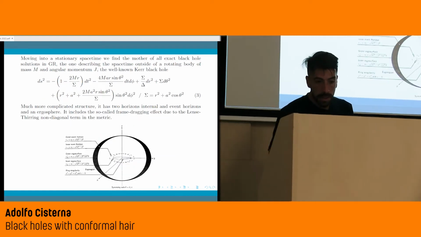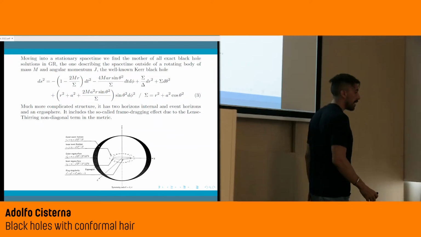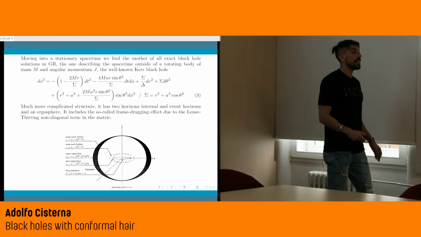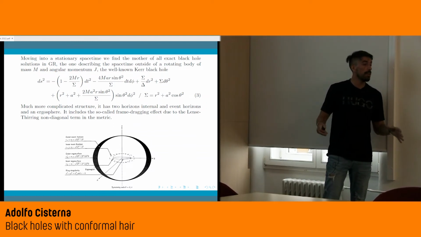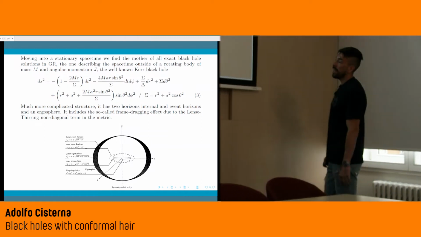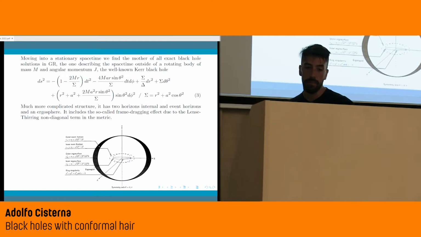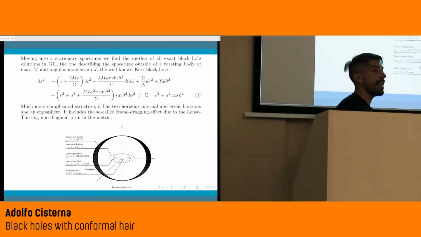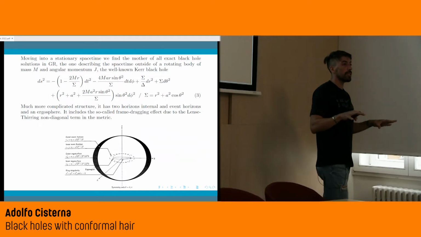Okay? But we can move now away from spherically symmetric and static solutions, and we can move to a stationary spacetime. Okay? So the difference between a static and a stationary spacetime: basically both concepts are telling us that the metric coefficients do not depend on time.